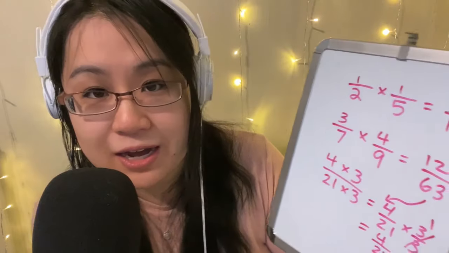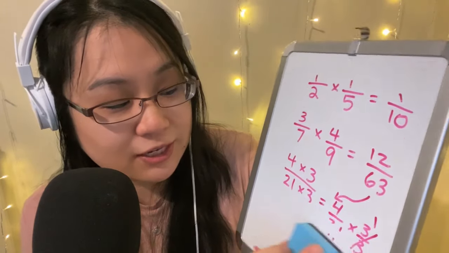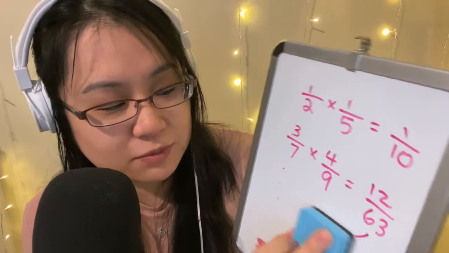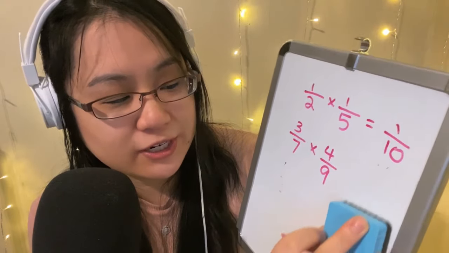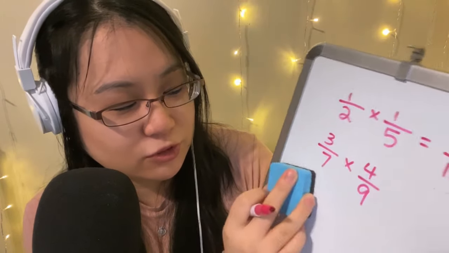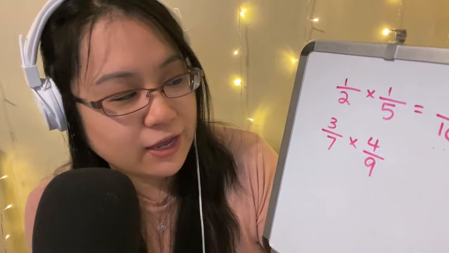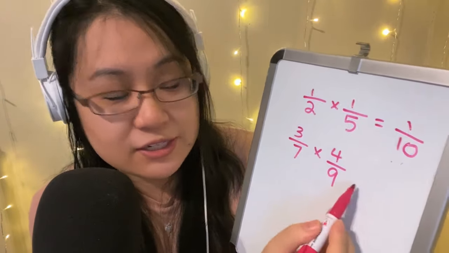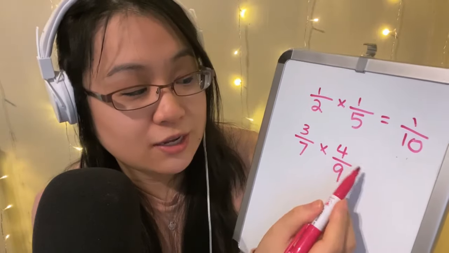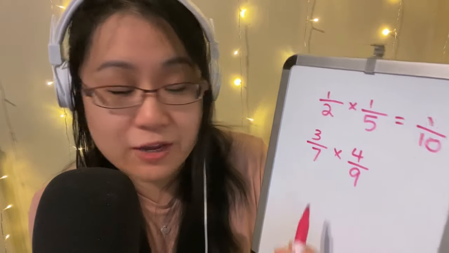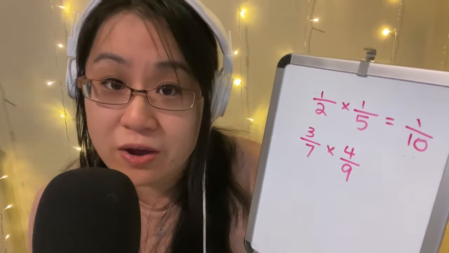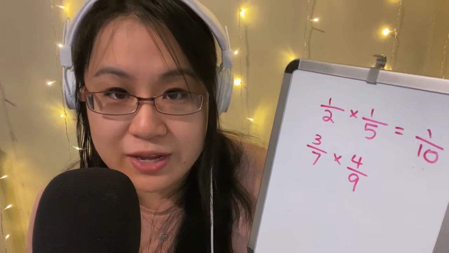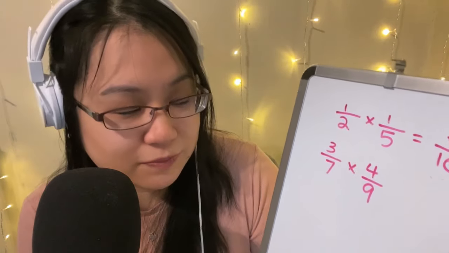So the idea of cross-canceling is actually similar to that. It's a shortcut for us to be able to look at these factors. Instead of multiplying across straight away and then simplifying, we can simplify as we go to get a directly simplified answer.